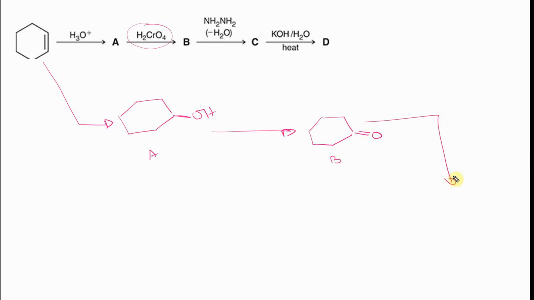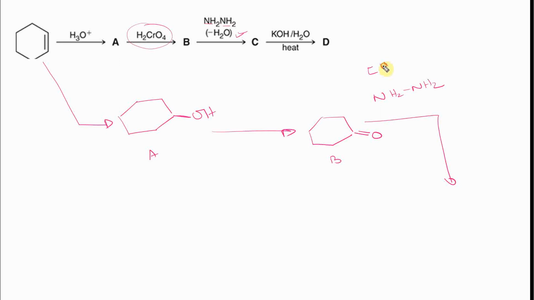And now B is treated with NH2NH2. This is what we call hydrazine. This reaction removes water, and usually, as we have seen, the reactions of ketones with amines, hydrazine, and even alcohols to give acetals, hydrazine to give hydrazones, and amines to give imines, are all acid catalyzed.